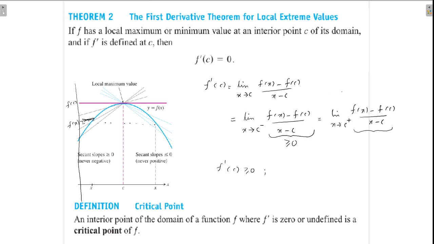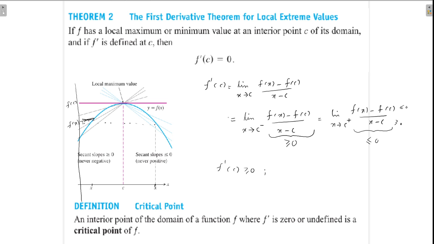So the numerator is always a negative quantity and the denominator is always positive because x is greater than or equal to C for x nearby C. So this quantity is always less than or equal to 0. Then when we take the limit, that limit is also less than or equal to 0.